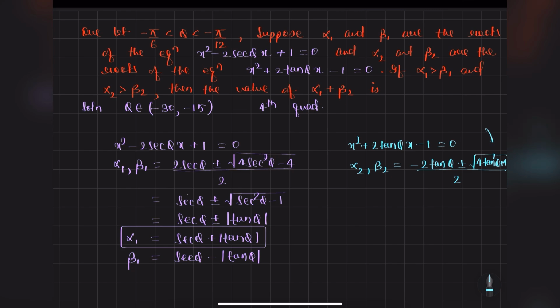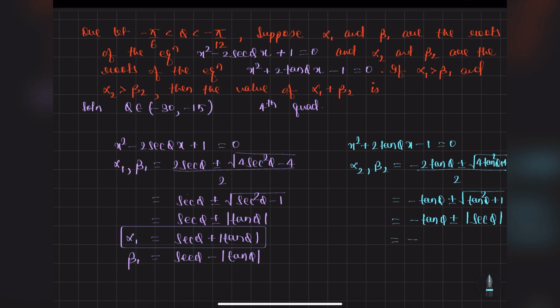Again you will observe that you have 4 in common, so you will take 4 common and 2 will come outside, and you simplify this. So minus tan theta plus or minus root over tan square theta plus 1, and you know that tan square theta plus 1 is sec square theta, and it is under the root, so we will have minus tan theta plus or minus mod sec theta.